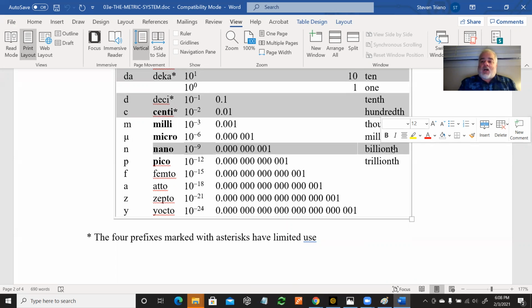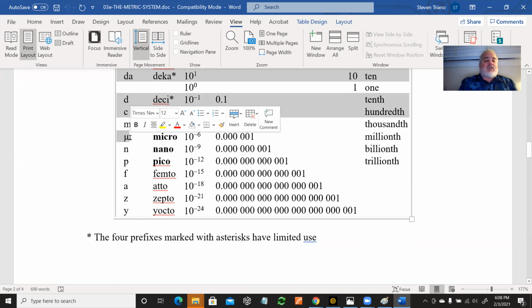Pico on the very, very small scale is becoming more common because we can measure picogram quantities of substances in irrigation water or toxins or things in the air that we breathe. All of them have a letter of the alphabet except for micro. And micro is the mu symbol, the Greek mu, which kind of looks like the letter U with an extra tail on the lower left-hand side.